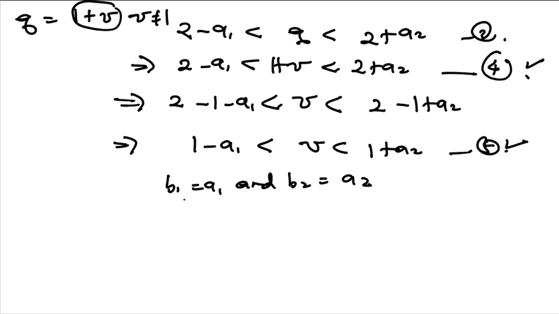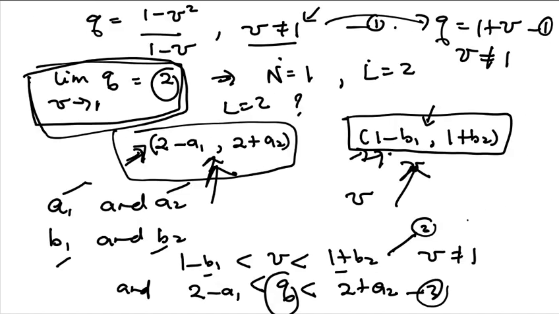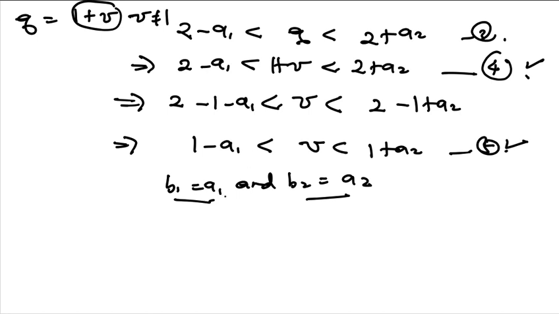If these two happen, then the two inequalities from equations 2 and 3 here will always be satisfied simultaneously, isn't it? Alright, so we have to find b1 equals a1 and b2 equals a2 in this case.